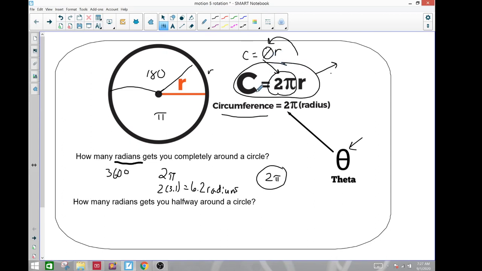You simply derive it from this formula right here, for example. So don't memorize things. If you're going to memorize something, memorize that circumference of a circle is 2 pi r, or circumference is theta r. That's really the only thing I would memorize. Everything else works right off of that.